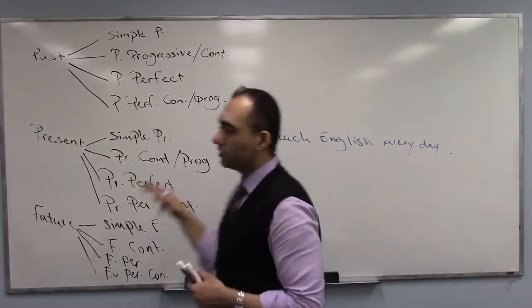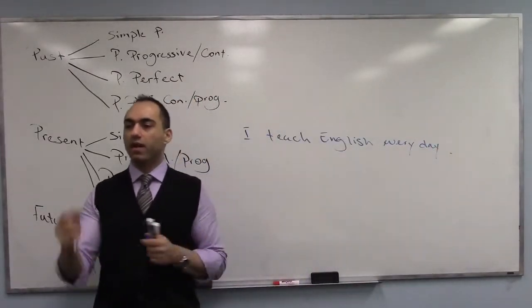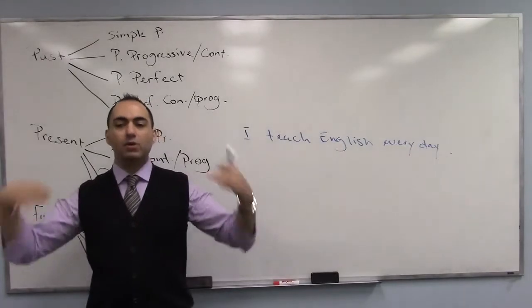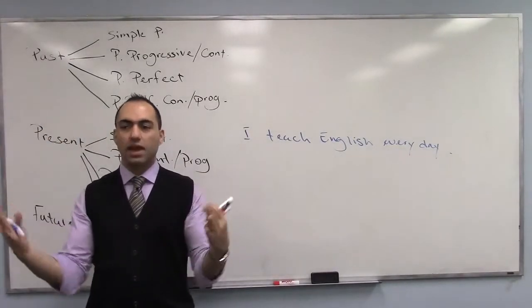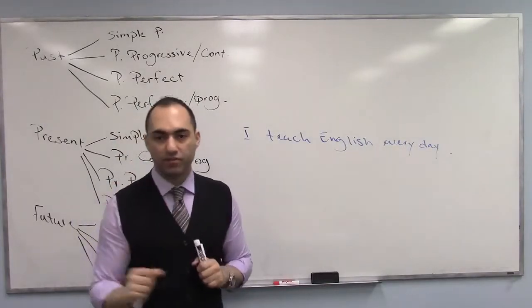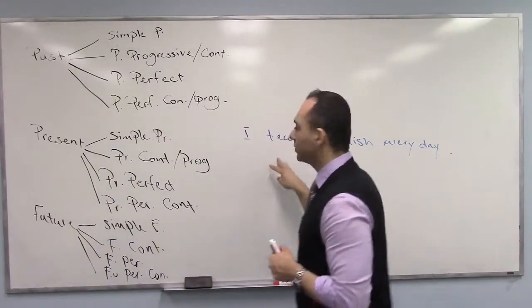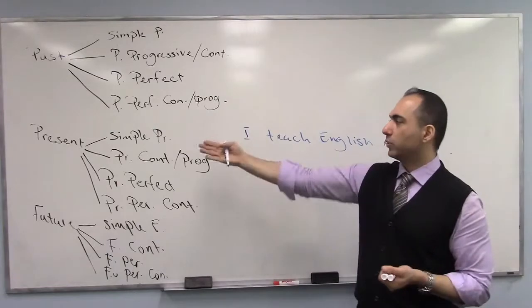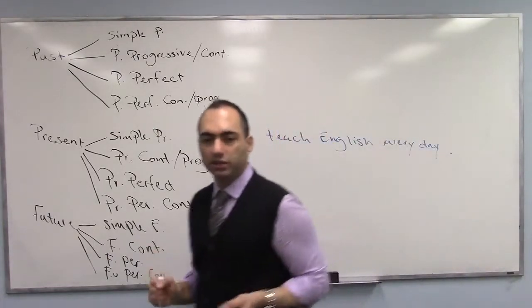First of all, I want to see 12 sentences, one for every tense, and then I want to break down the tenses and look more deeply into the details of every tense, right? Just right now, I'm going to start with 12 sentences, and I'm starting with present. I teach English every day.